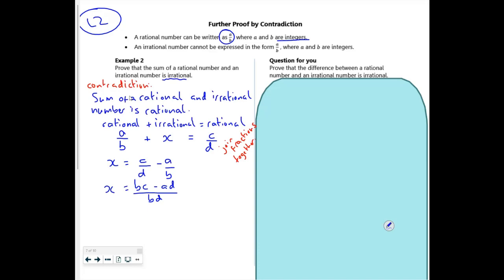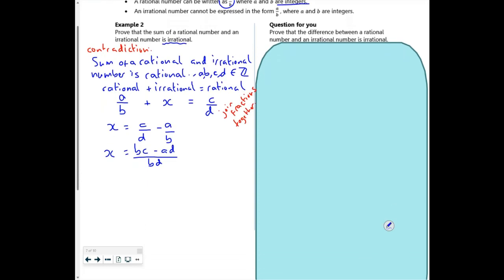It's probably worth it, isn't it? So a, b, c, d belong to the integers. Sneak that in somewhere. It doesn't matter where you stick it. All right. So what I've got here is bc minus ad over bd is going to be rational.